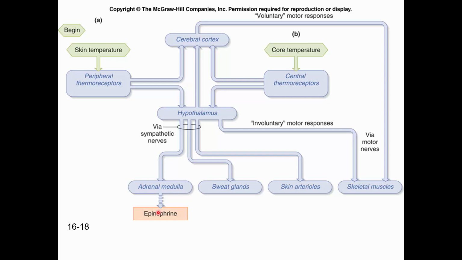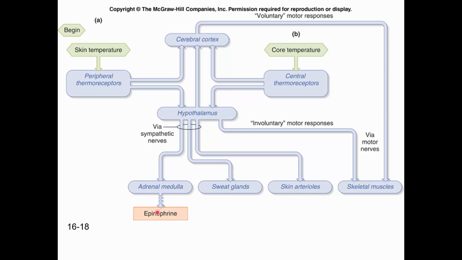Sweat glands are going to lead to evaporative cooling. So that is an effector. The skin arterioles are effectors. You can save blood and warm blood in the core to reduce heat loss, or send warm blood to the skin to promote heat loss. And then there are a couple of things.